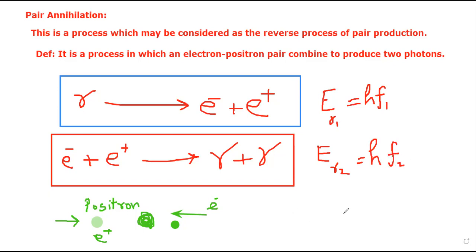They are formed at the position where they combined, and these photons will be moving in opposite directions. One photon is moving toward the left with the energy hf2, while the other photon is going toward the right with the energy hf1.